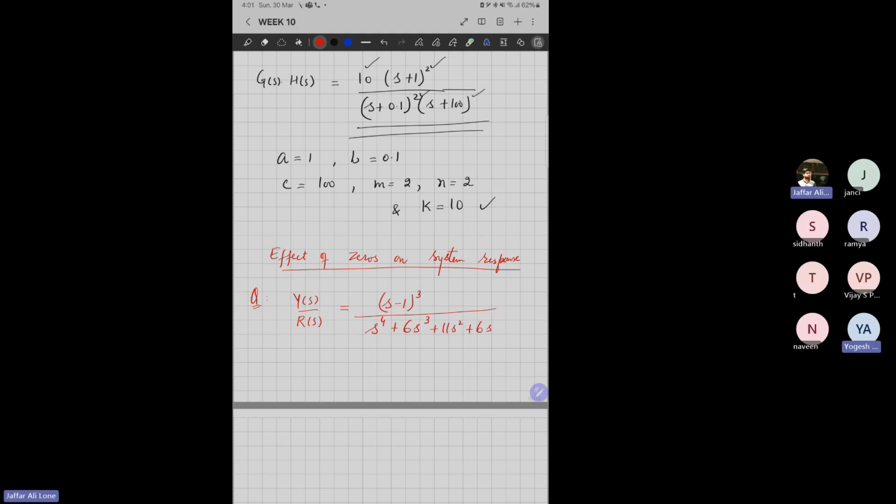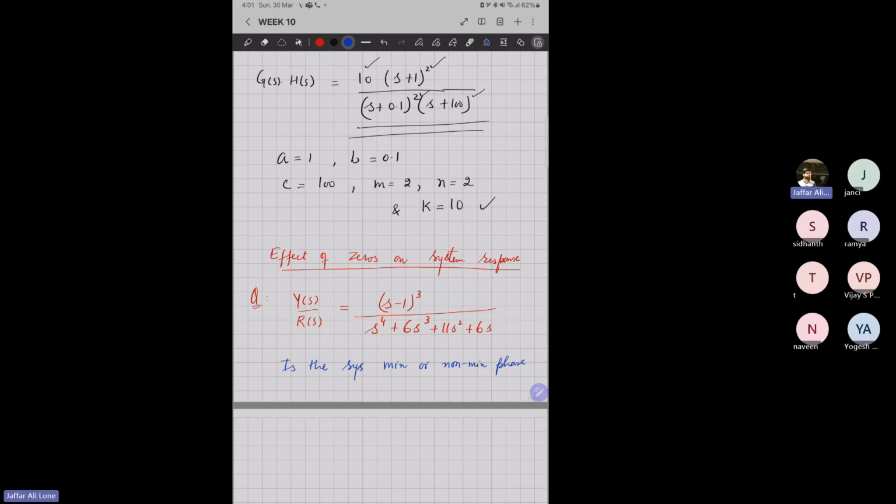So the first question is, can you tell me whether this system is minimum phase or non-minimum phase? Non-minimum, because there is a zero that lies on the right hand side.